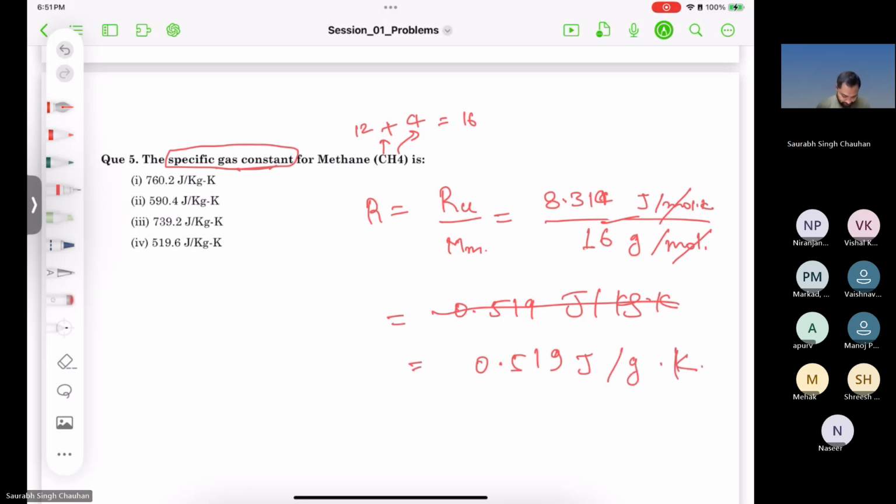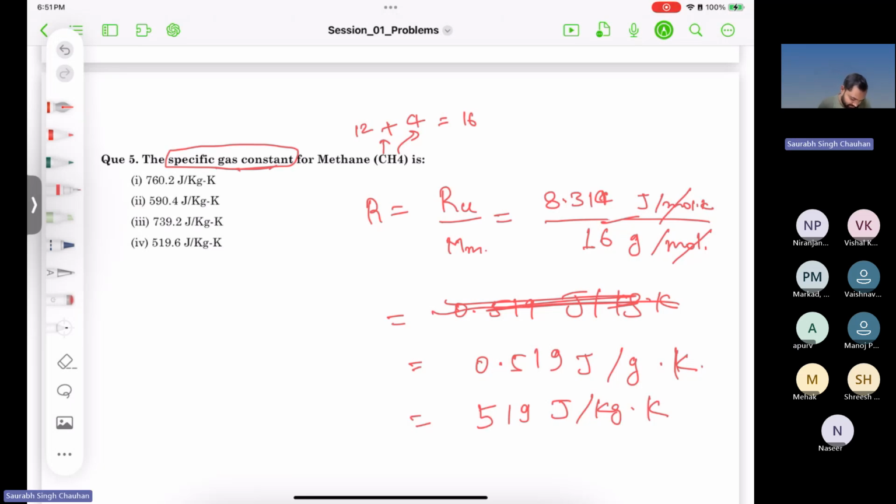Hello, that's what you are saying. Yes, sir. So if you write in kilojoule per kilogram Kelvin, then 519 point something, right? Correct. So which option?